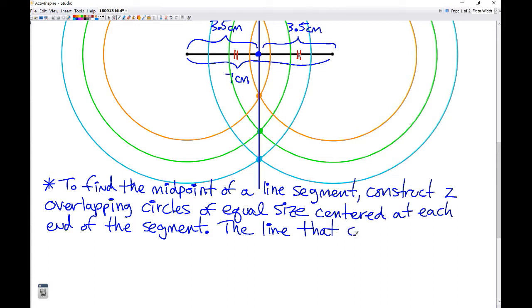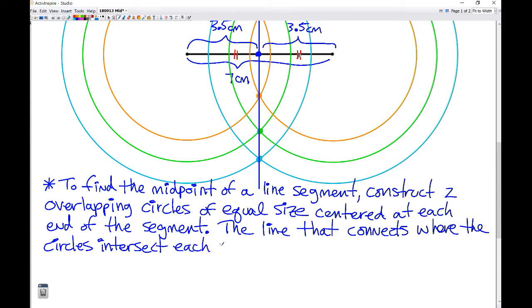that connects where the circles intersect each other passes through the middle of the original line segment.